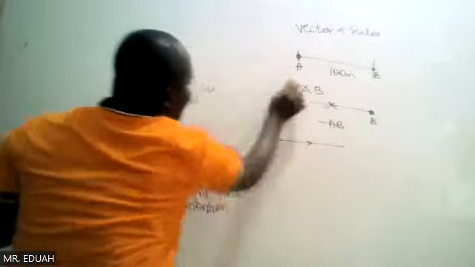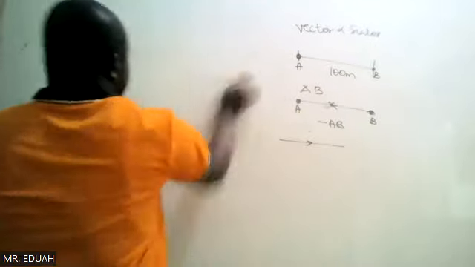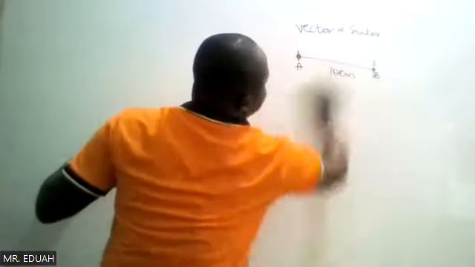Yes, please. Now, if I have two vector quantities, A and B, and in physics we most often talk about forces, because a force is a vector quantity. So whenever we are treating vectors, we most often talk about forces.